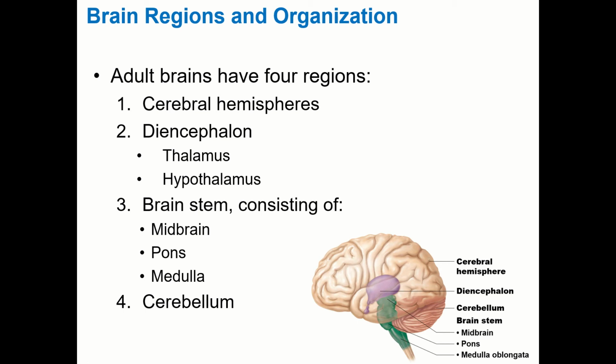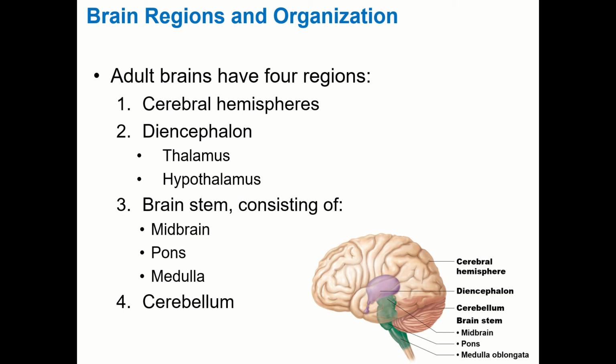In addition to the cerebral hemispheres, we have the diencephalon, which on this picture is purple. That includes the thalamus and the hypothalamus. We'll talk about each of those in the next lecture, but the thing to know for now about the thalamus is that it acts as a relay station for the brain. Information that's coming up the spinal cord, the vast majority of it synapses in the thalamus and then goes somewhere else in the brain.